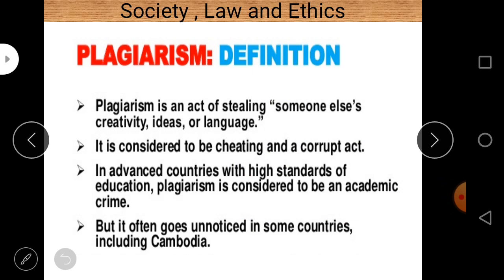So plagiarism is basically a cybercrime, and it involves stealing someone's information without giving credit to its author. In most of the countries, basically advanced countries, it is considered to be an academic crime, but in some countries, like Cambodia, it is not considered as a cybercrime. So it is illegal and unethical.